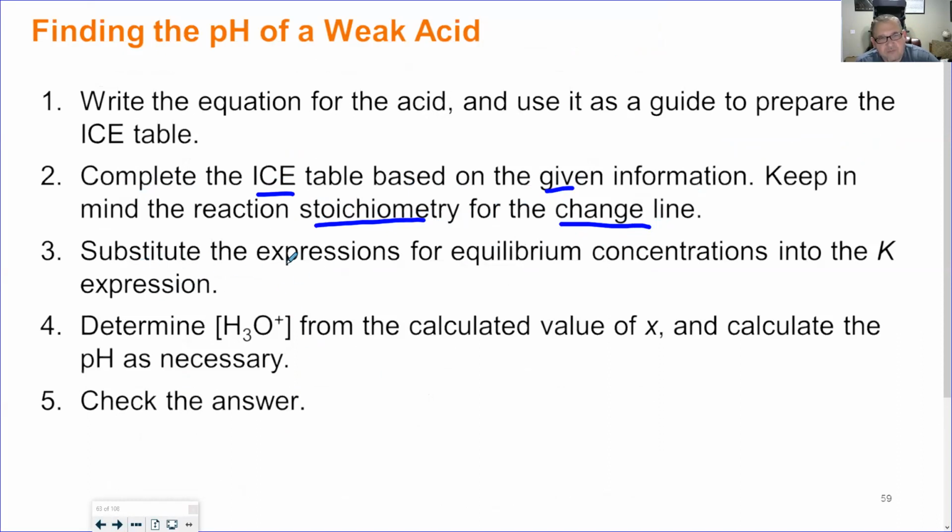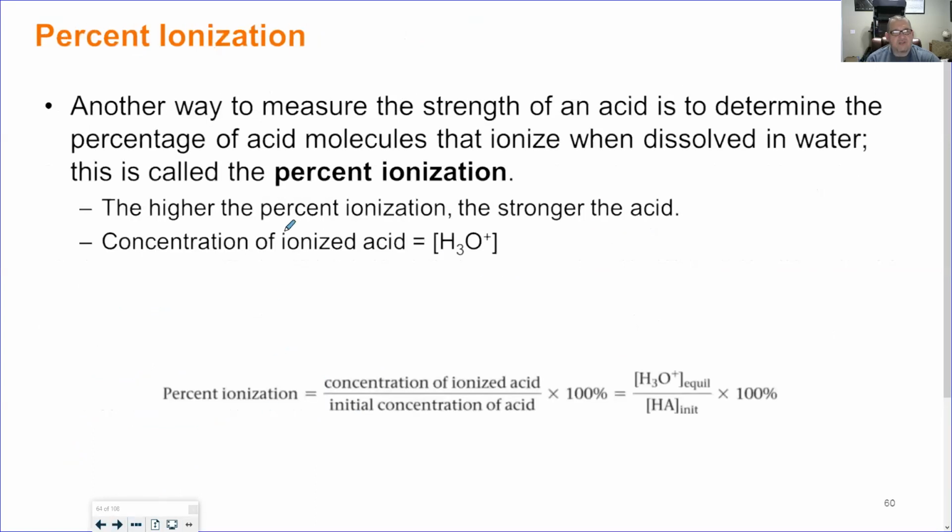And then we can substitute in for the equilibrium concentrations in the K expression. And we determine the hydronium ion from the calculated value of X and calculate that to pH as necessary, and then check your answer. Well, sometimes it's not really obvious how you would check your answer. Maybe you can make an educated guess to see that it's approaching the value that you need to have.